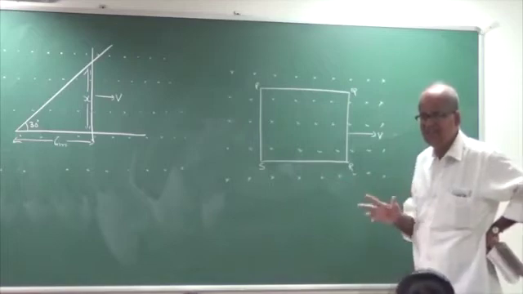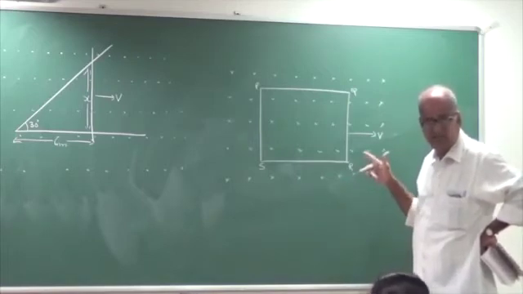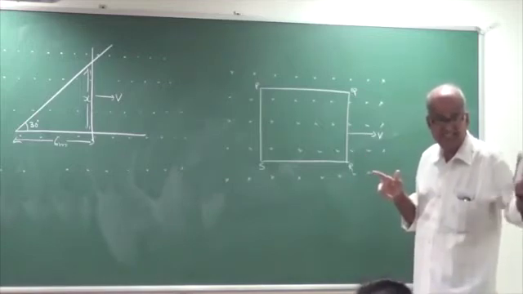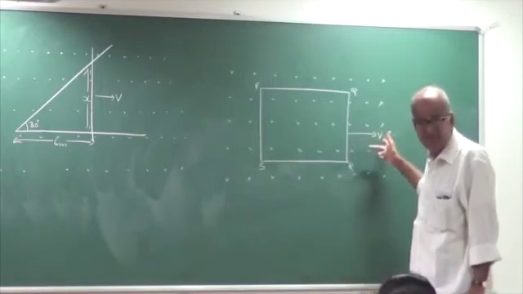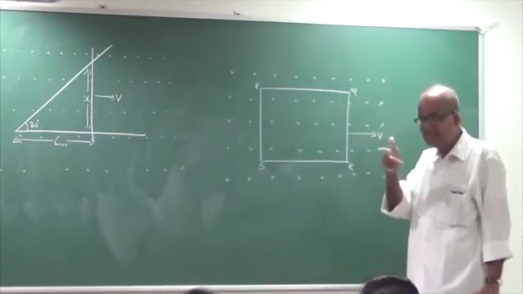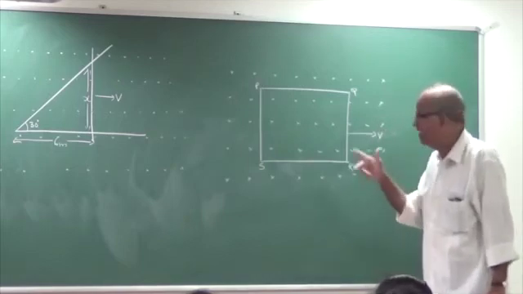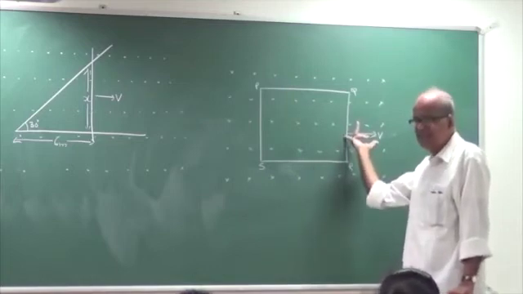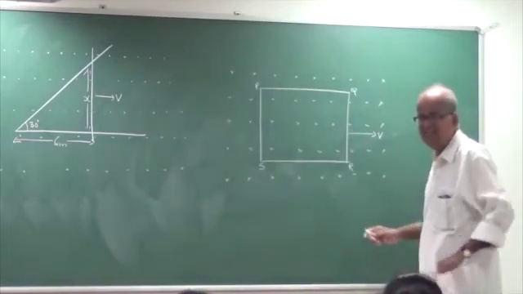Make use of the right hand rule. Do you remember? Not the left hand rule, that is used to find the direction of the force acting on a current carrying conductor in a magnetic field. Here the conductor is moving in a magnetic field. What is the direction of the current induced? When these are all perpendicular to each other, forefinger in the direction of the field, thumb in the direction of motion, middle finger will give you the direction of the induced EMF.